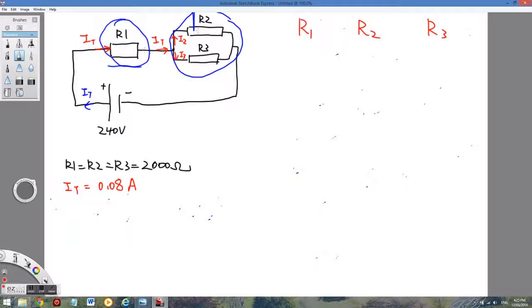The current through resistor 1 will be the same, because the current gets split after going through R1. So I know the value of the resistor, I know the current, I can find out the voltage of R1.